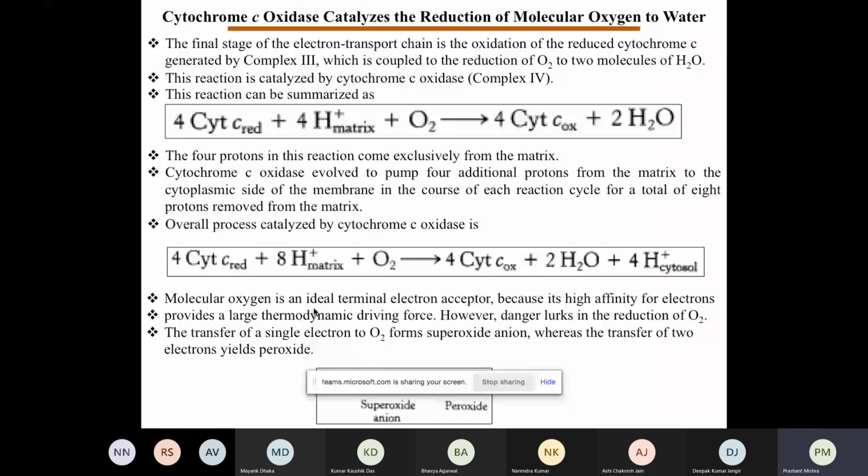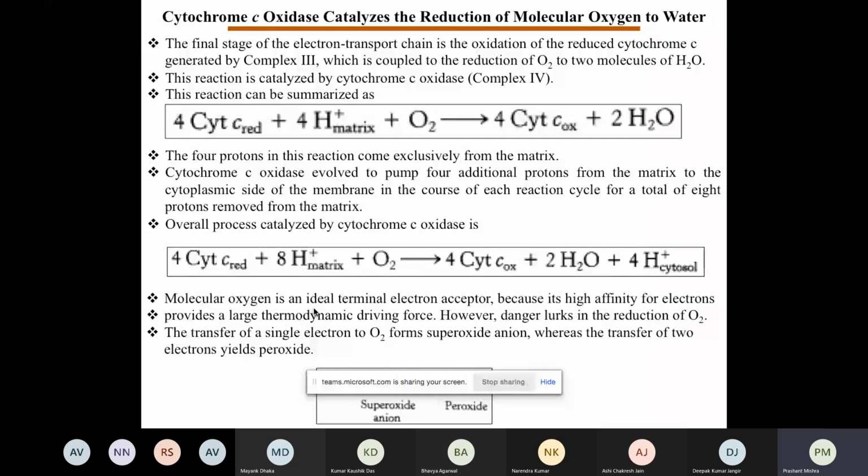If you recall the oxidation reduction potential, something which has the same redox potential as molecular oxygen can also accept the electron from the chain. But molecular oxygen is very ideal as a terminal electron acceptor because it has high affinity for electrons, and it provides a large thermodynamic driving force.